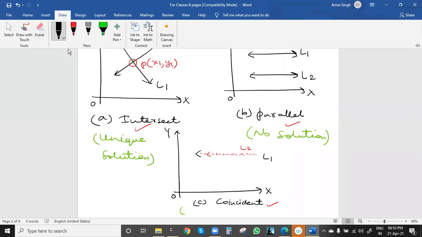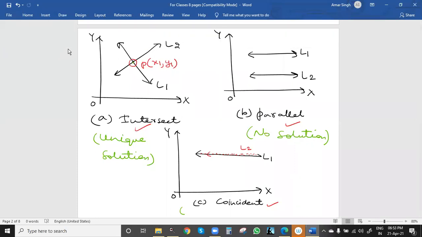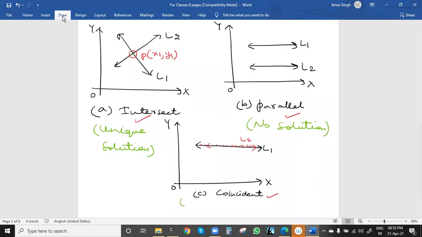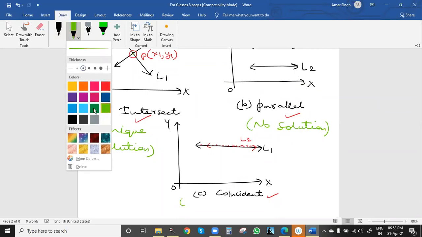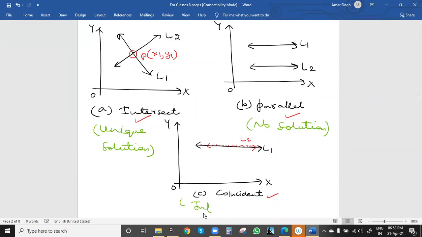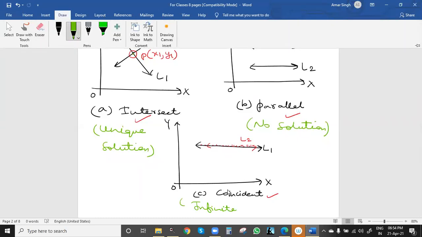So there are infinitely many solutions, because all the points on the lines will be solution points. Infinite means many solutions. Infinite solutions.